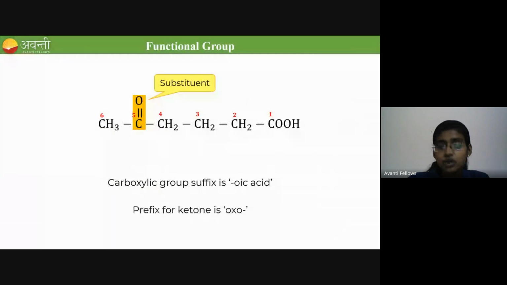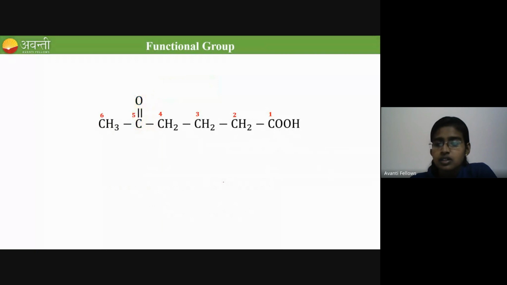The prefix for ketone is oxo. No, not E. You guys have to memorize the list which I showed you while starting the class, that is the prefix suffix list and the priority list. Okay. Oxo is the prefix for ketone. Not keto, it is oxo.